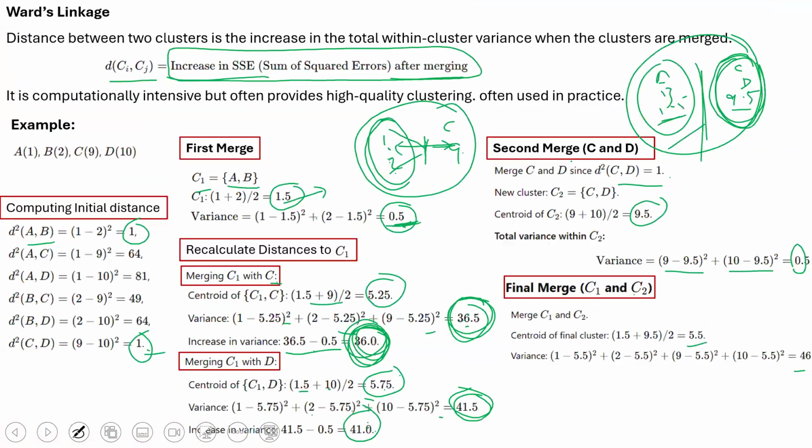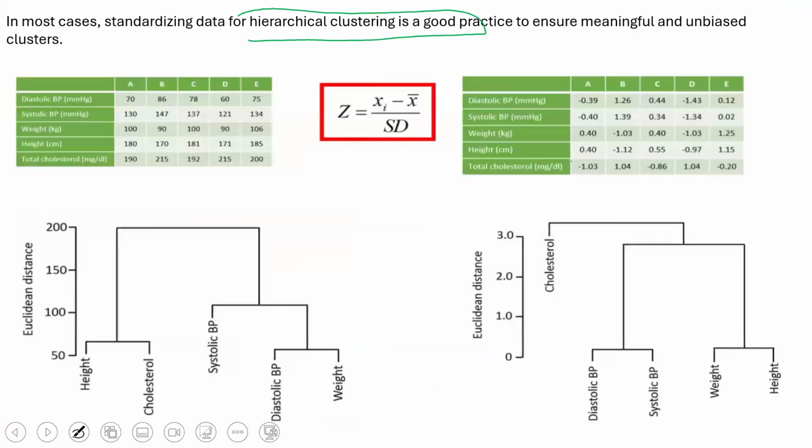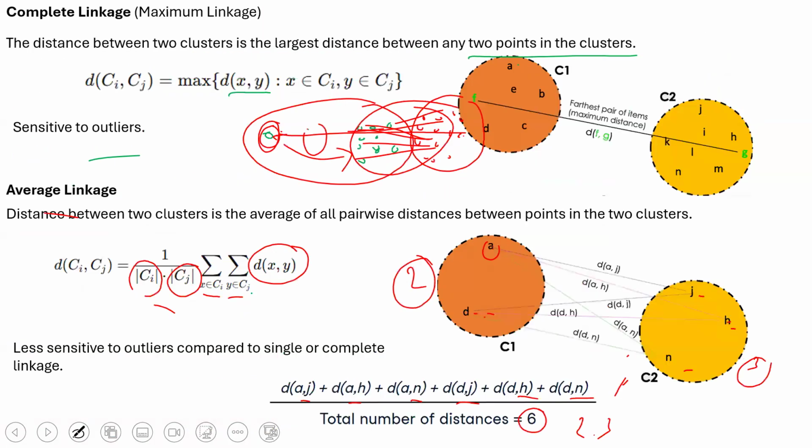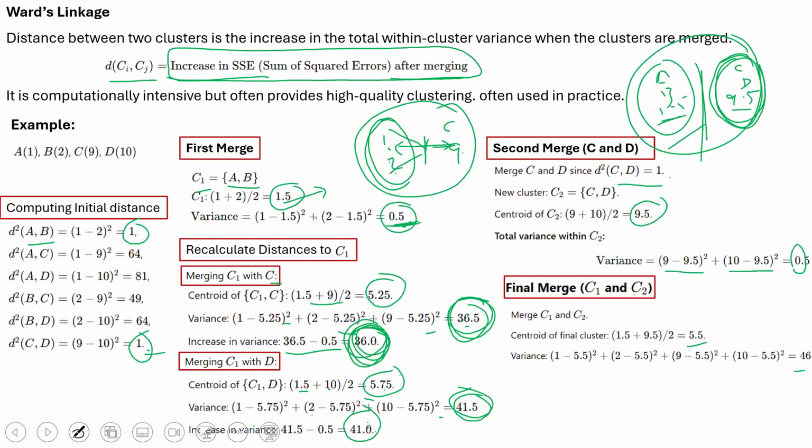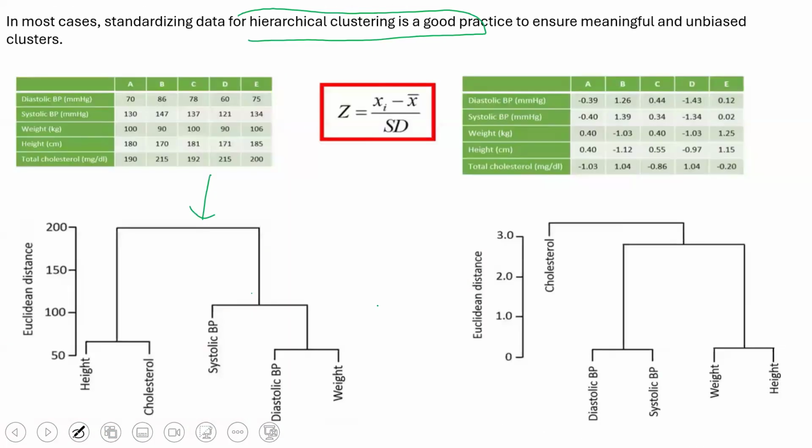So if you look at this place here, this is before standardization, and we already have created this cluster example here. This is the cluster that got formed.